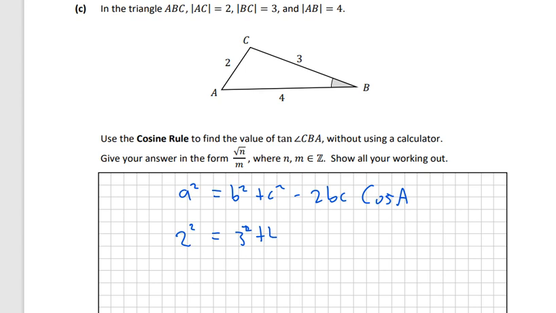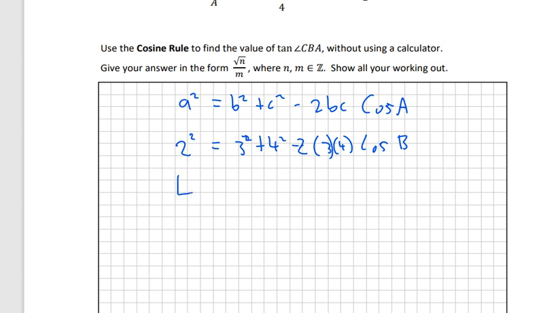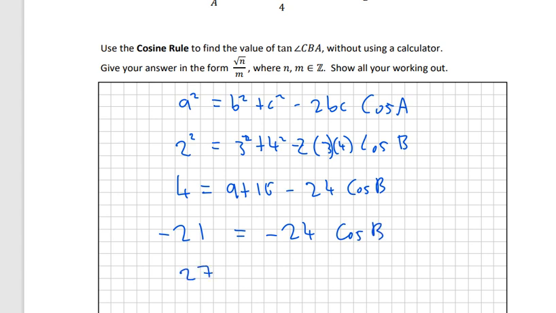So 3 squared plus 4 squared minus 2 times 3 times 4 cos of the angle, we'll just call it B because it's at B. Bring over the 9 and the 16 to the other side, we'll get minus 21 is equal to minus 24 cos B. Bring over the minus 24 and divide it, we get 21 over 24 is equal to cos B.